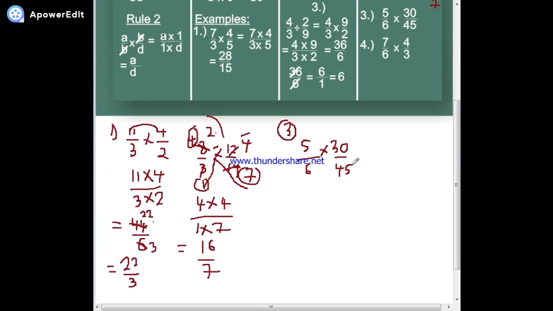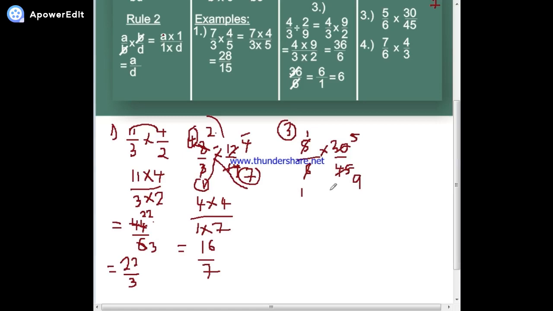We can still use our divisible method for this one too. 6 in 6 is 1, and 6 in 30 is 5. 5 in 5 is 1, and 5 in 45 is 9.